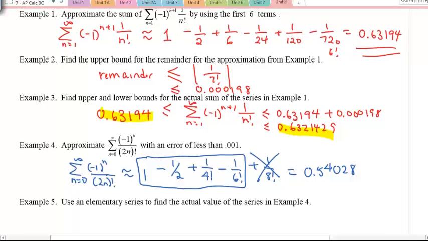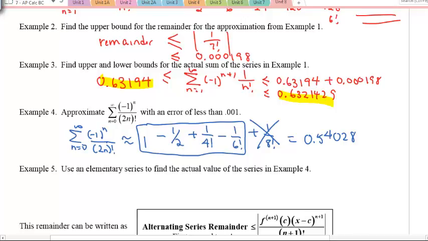Once again, that's an approximation, but going back to what you learned in section 7.6, can you use an elementary series to actually find the actual value of the series in example number 4?